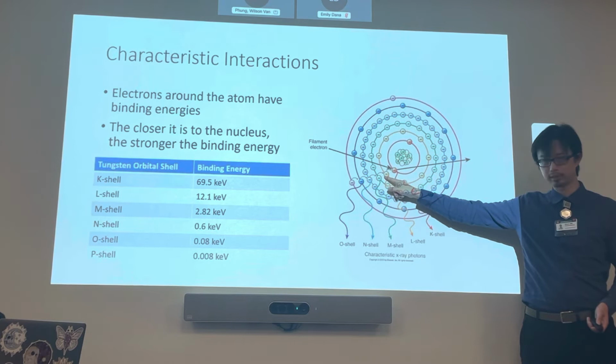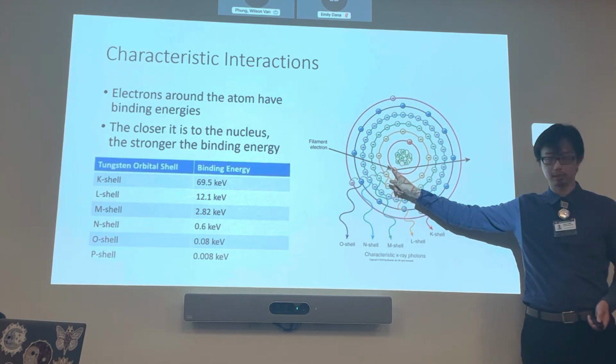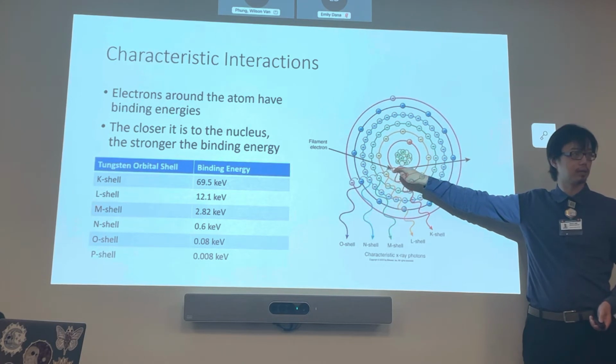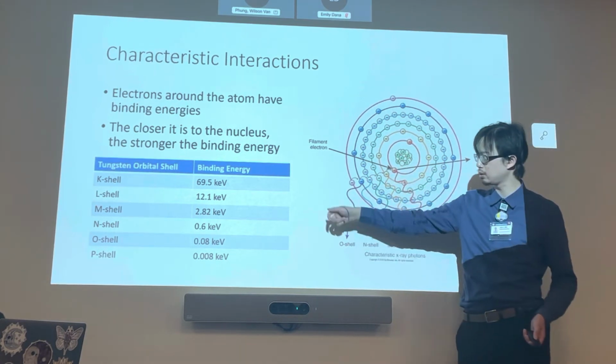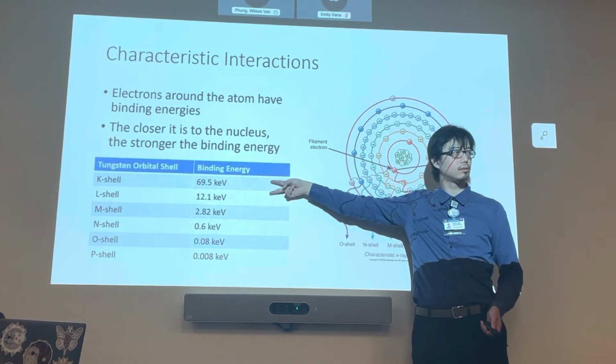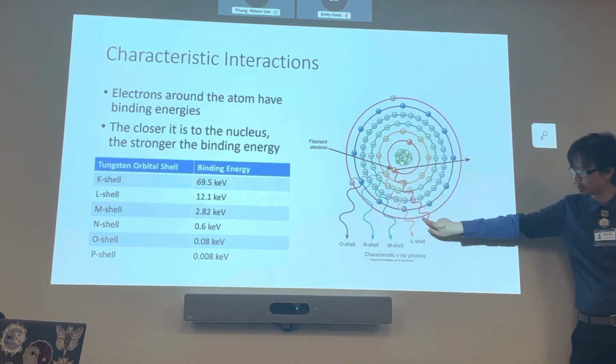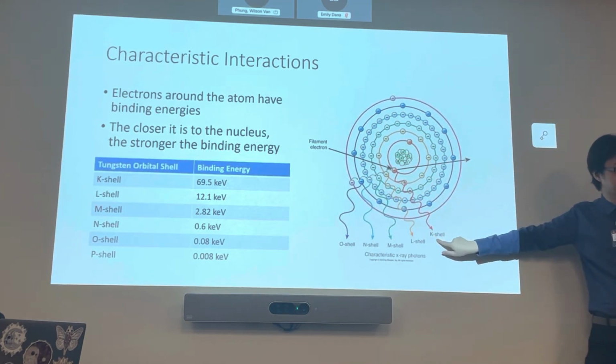The L shell says, I want to move in. So for the L shell to go from here to here, it needs to give off energy. How much energy does it give off? 69.5 minus 12.1. Correct, it's the difference here. And so that difference, that energy given off, is our X-ray.